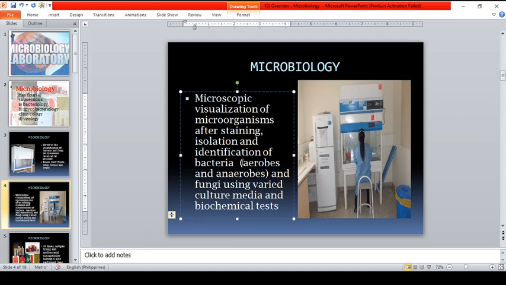Actually, not only two types, there are others, okay? But here, we classify bacteria based on their growth requirement for oxygen. Kapag aerobes, these are bacteria that survive or live in the presence of oxygen. Pag anaerobes naman, these bacteria survive in the absence of oxygen.